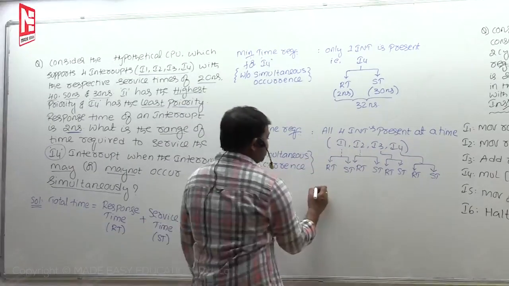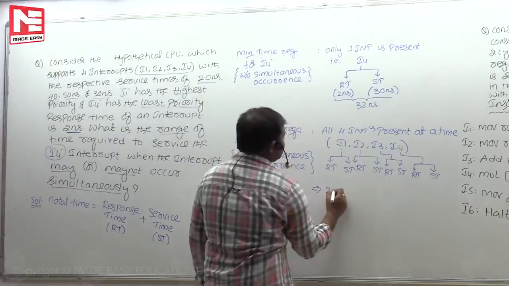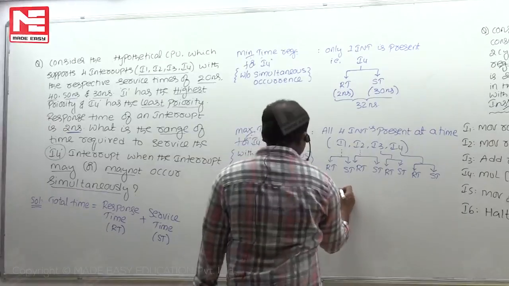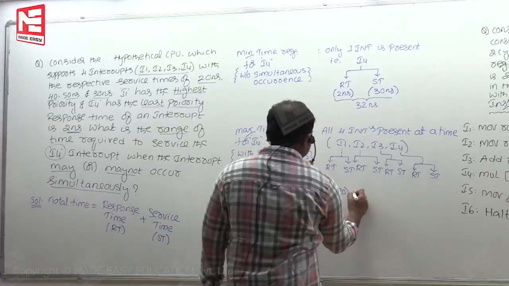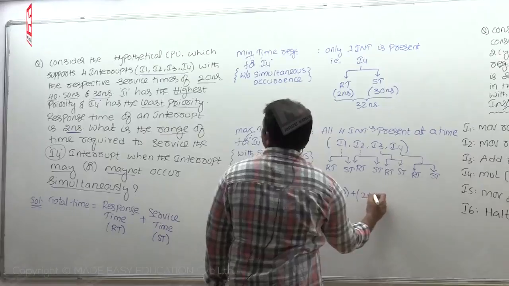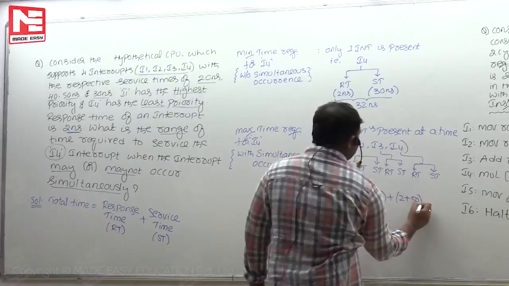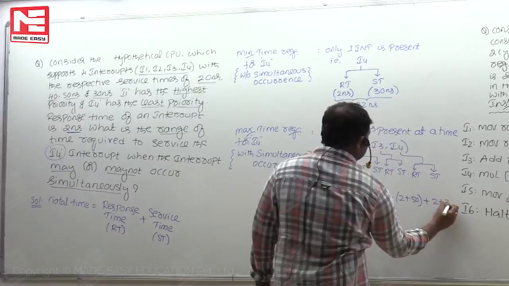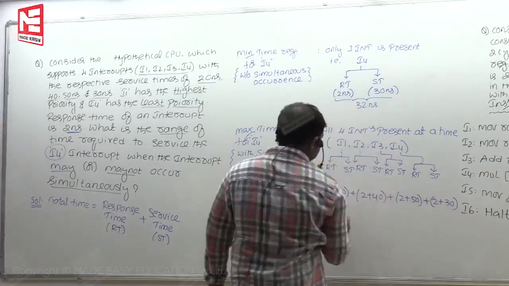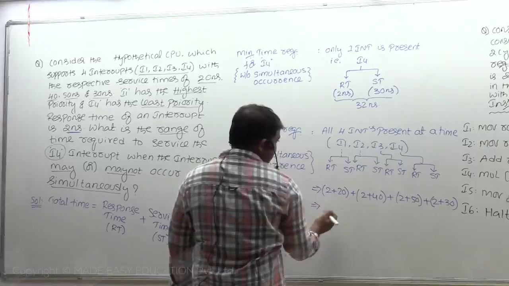Now total value equal to 2 plus 20 plus 2 plus 40 plus 2 plus 50 plus 2 plus 30. Correct now? Now adding all the values.